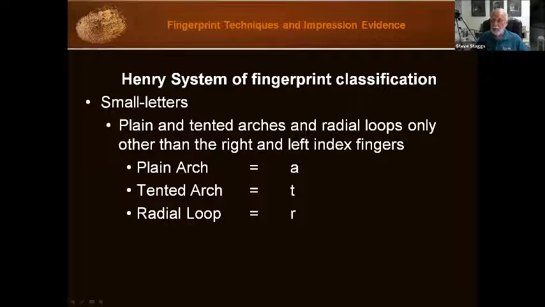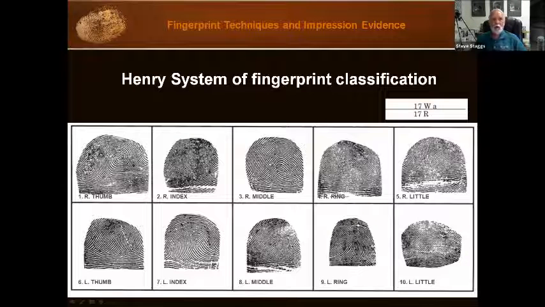The way we do it is we use a small a for a plain arch, a small t for a tented arch, and a small r for a radial loop. Okay, let's see how that works. All the small letters of the right hand are on the top line, the numerator.